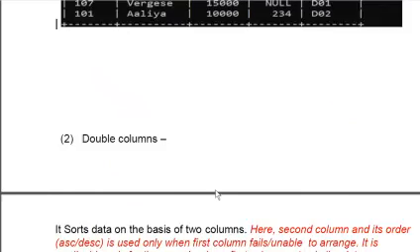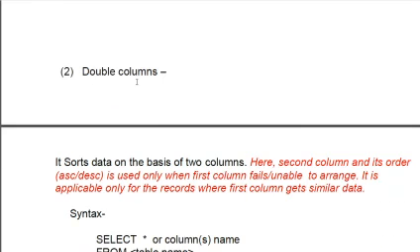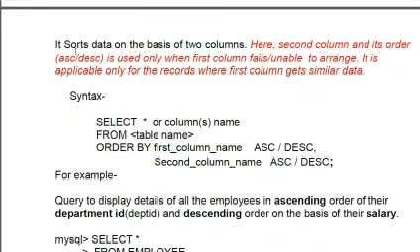Now the double column query. In the order by clause, you can use two columns. It is used to sort or arrange on the basis of two columns. The second column and its order, that is ASC or DESC, is used only when the first column fails or is unable to arrange the records of the table.